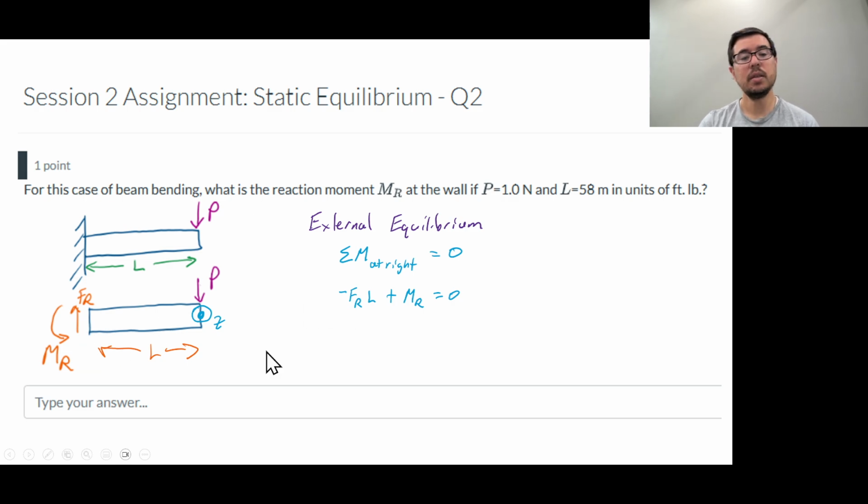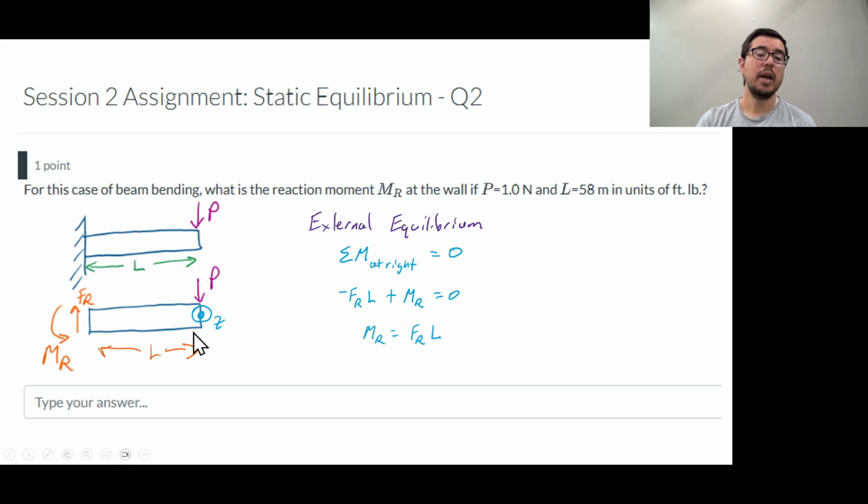Because this force is going to be inducing a torque that's going to go into the board. Mr, on the other hand, is counterclockwise, and that's coming out at us, which means that we're going to be seeing a positive contribution. Mr is going to be equal to FrL.